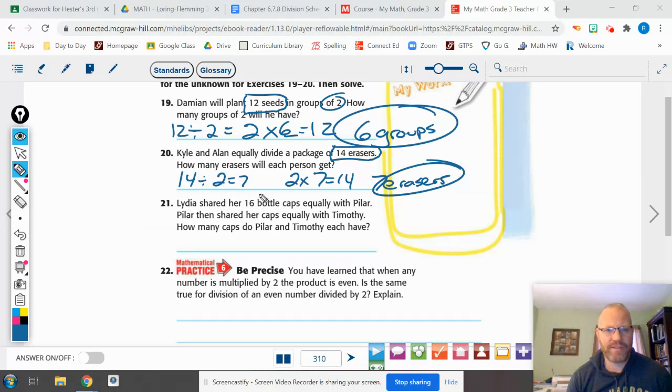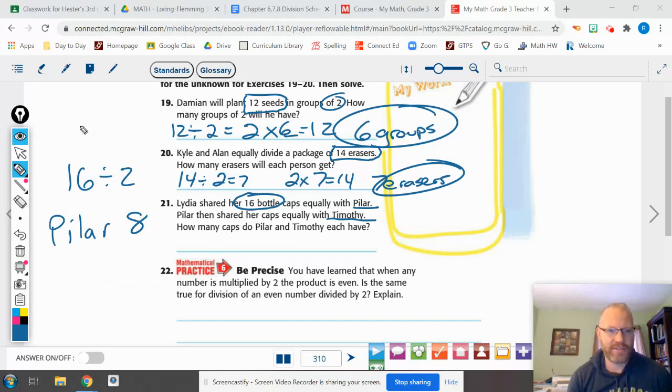Lydia shared her 16 bottle caps equally with Pilar. Pilar then shared her caps equally with Timothy. How many caps does Pilar and Timothy each have? So Lydia had 16. She divided it by her and Pilar. So Pilar has 2 times 8 equals 16.